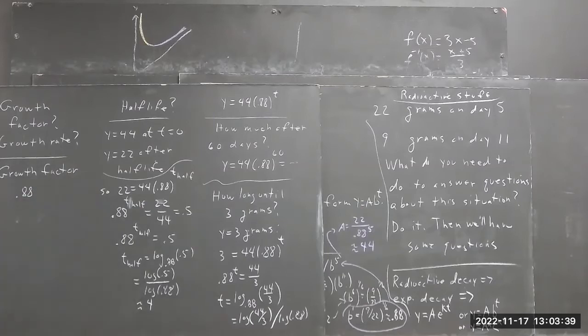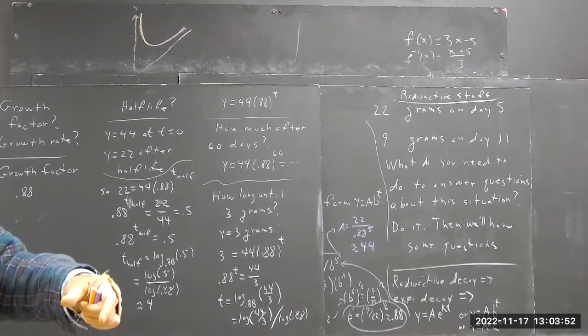The growth factor is 0.88. Every time t changes by 1, you get 0.88, or 88% of what you had before. That means every day you end up with about 88% of what you had the day before.